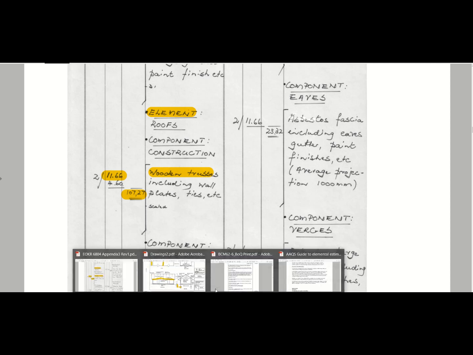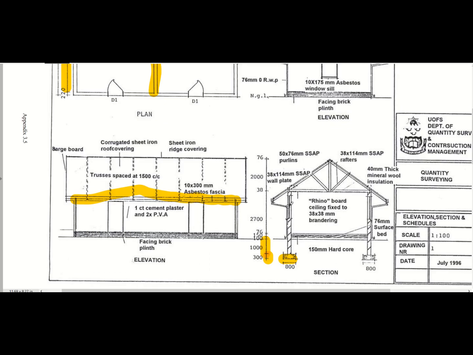Your roof area is usually measured over the angled roof area, whereas many times you might have a roof that's measured over the flat area.